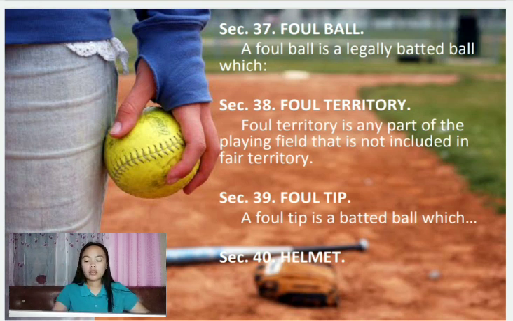Next section is section 40, which is the helmet. Ang helmet must have two ear flaps and shall be the type that has safety features equal to or greater than those provided by the full plastic cup with padding on the inside. A liner covering the ears only does not meet the rule specification. Next is the helmet worn by the catcher.